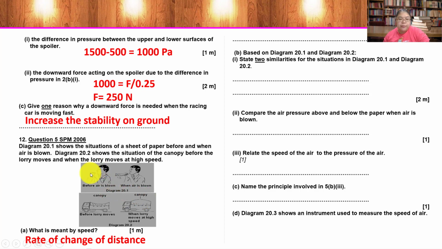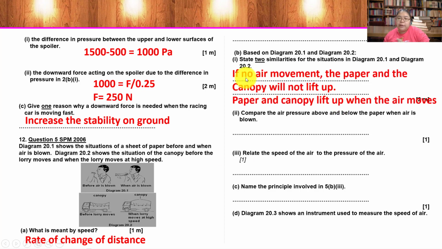Before the air starts to move, the paper and canopy never lift up. So this is what I can see. Let's check the answer, is it like this or not? If there is no air movement, the paper and canopy will not lift up. So the paper and canopy will lift up when the air moves. This is what we can observe from the diagram.